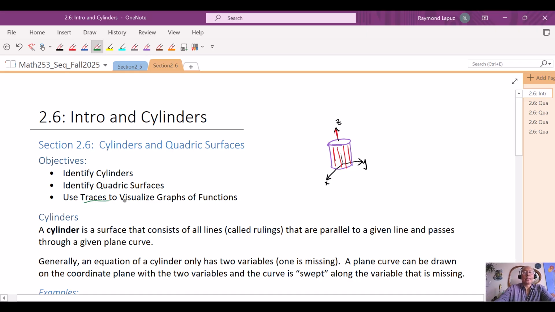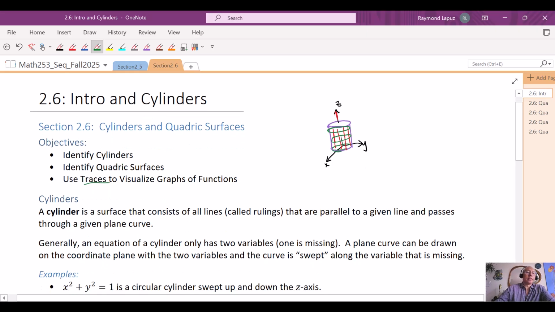A trace, as we'll see a little bit later on, is the intersection between the surface and one of the coordinate planes. So we'll see the coordinate plane x, y, and you could imagine the trace of that would be a bunch of circles. So generally, if we run along the rulings, these parallel lines, we're going to get the same two-dimensional shape repeating along those rulings.